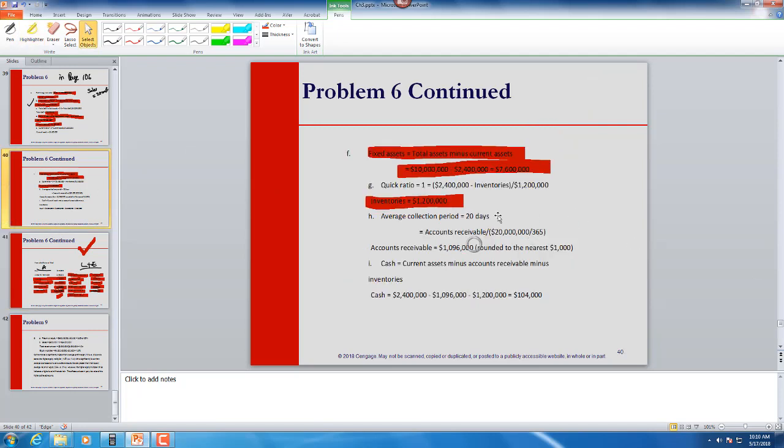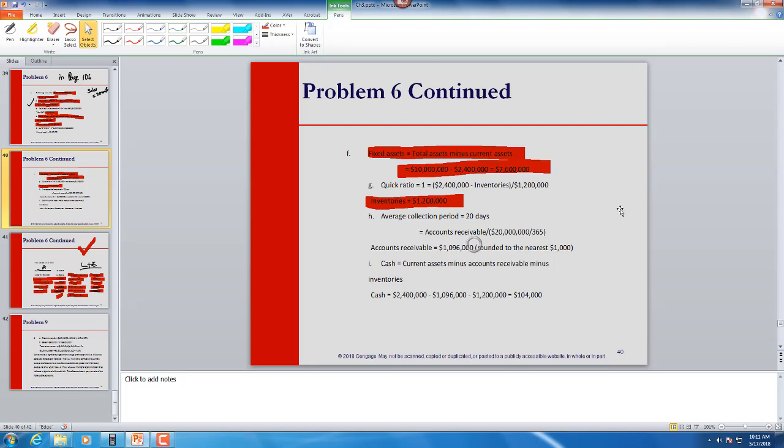Now, finally, we use current ratio, we use quick ratio, we use net profit ratio. We never use the average collection period. Average collection period is accounts receivable divided by daily credit sales.